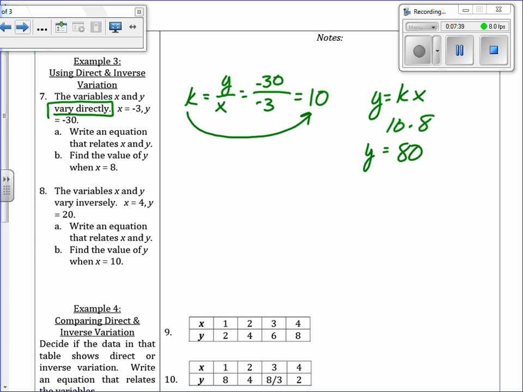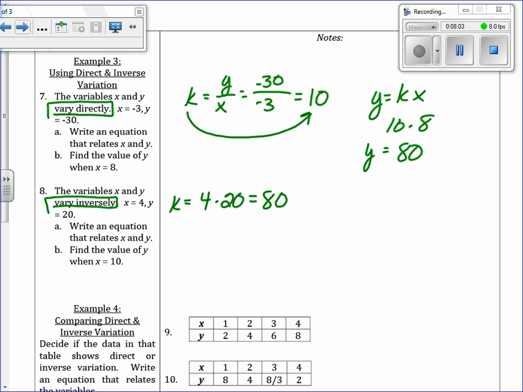Okay, now we have them where x and y vary inversely. That means we need to use our other formulas that we have at the top of our notes on the other side. So it says, write an equation that relates x and y. So my constant is going to be 4 times 20, which is 80.